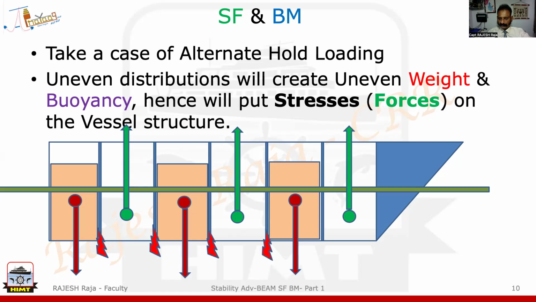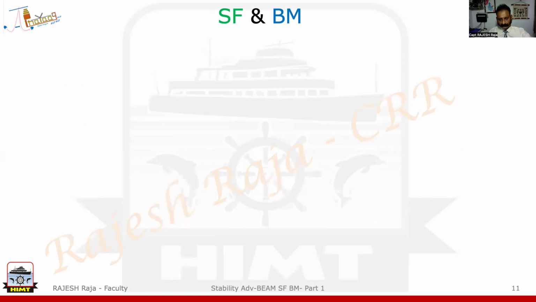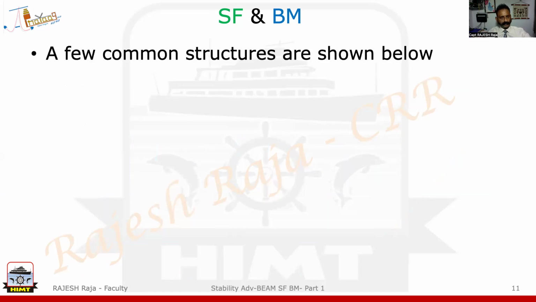I marked with these red color spots where you will have a lot of stresses. Now, these stresses, please remember, can damage also, or in a long term, can create deformation of the vessel. So that is the reason I need to know these stresses. When I want to know the stresses, it is depicted in two ways, and that is what is SF and BM, which we are going to look at.